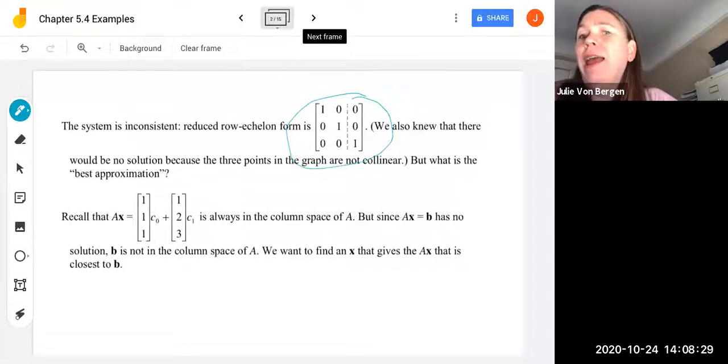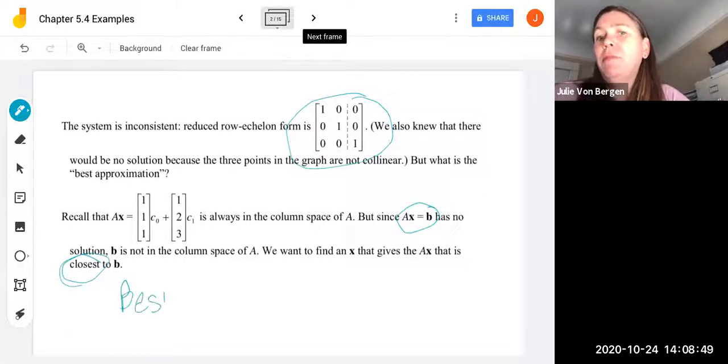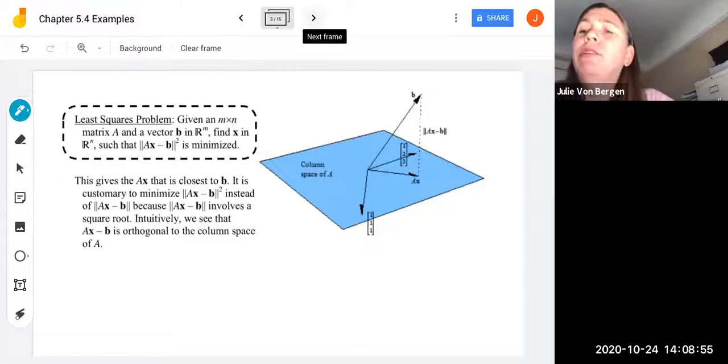So this Ax is always in the column space of A. However, Ax equals b has no solution, so b is not in the column space of A. So we want to find an x that gives the Ax that is closest to b. This idea of closest is our idea of the best fit. This is what we think of as our least squares problem.